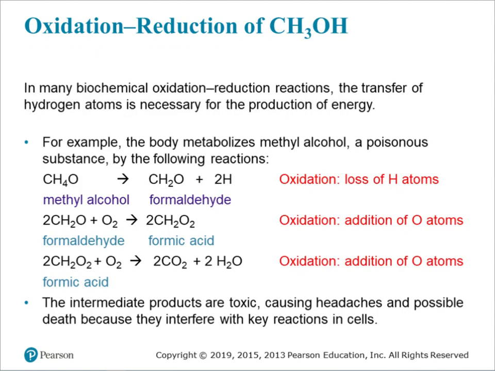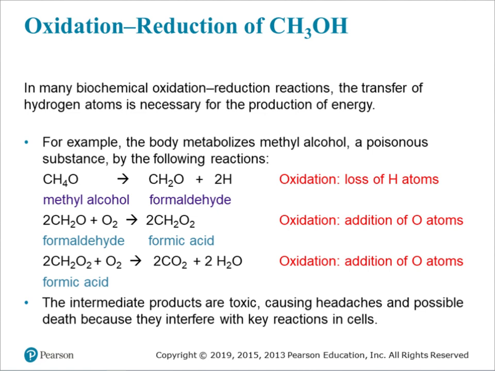Another example of a redox reaction is when you are adding or taking away an oxygen. So your body can metabolize methyl alcohol. I would not advise it because all of the byproducts are also toxic to your body. So don't do it.